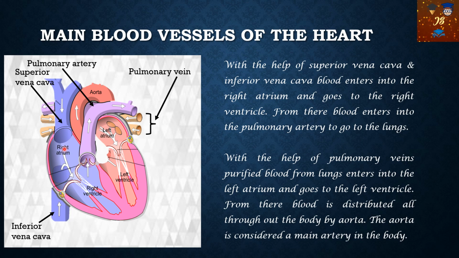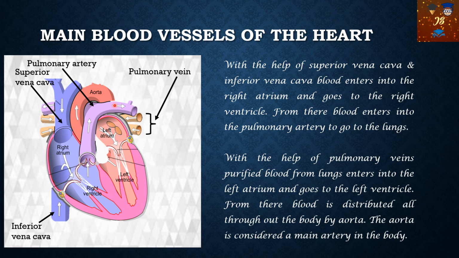From the right atrium, the deoxygenated blood enters the right ventricle, and from the right ventricle, it enters the pulmonary artery and goes directly to the lungs, right and left, for purification of the blood. Because before recirculating, the blood should be purified. That means the deoxygenated blood should be transformed into oxygenated blood.